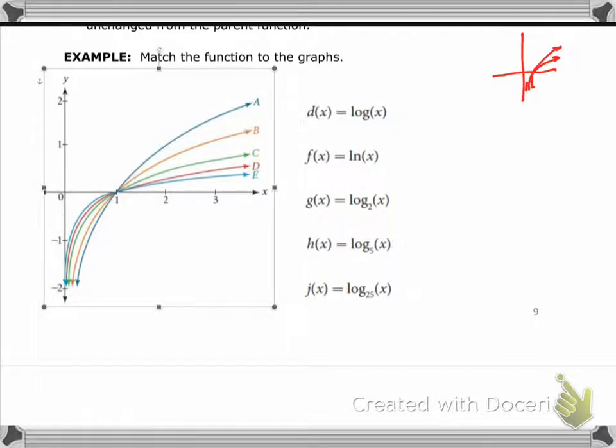And this was maybe a base 10, and that was a base 2. So smaller base, faster growth. All right? Smaller base, faster growth. That's the key point here.